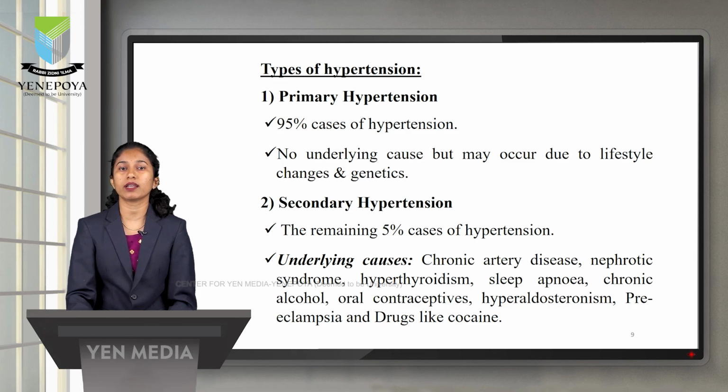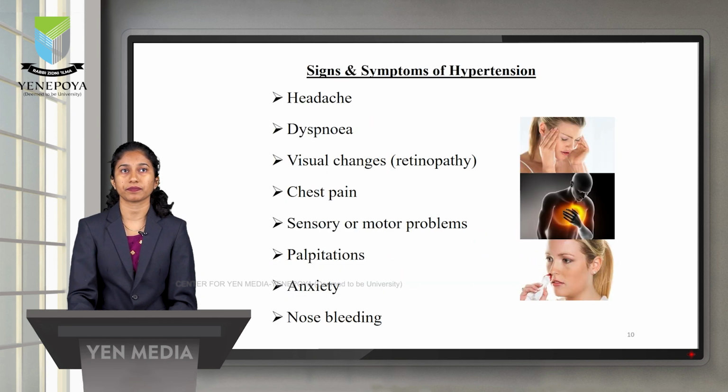Secondary hypertension, the remaining 5% of the people with hypertension, comes under secondary hypertension. The underlying causes are chronic artery diseases, nephrotic syndrome, hyperthyroidism, sleep apnea, chronic alcohol, oral contraceptives, hyperaldosteronism, preeclampsia and drugs like cocaine.